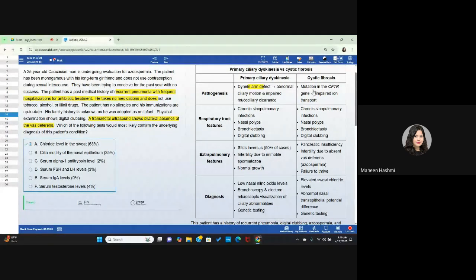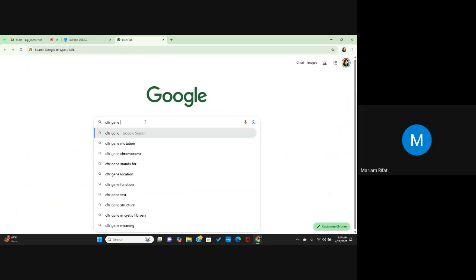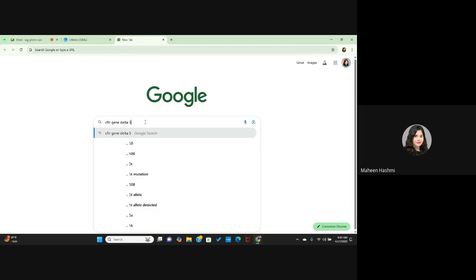Cystic fibrosis. I want you guys to remember a mutation in the CFTR gene, and there's this thing called delta F508. You guys are familiar with that? Yes, delta F508.